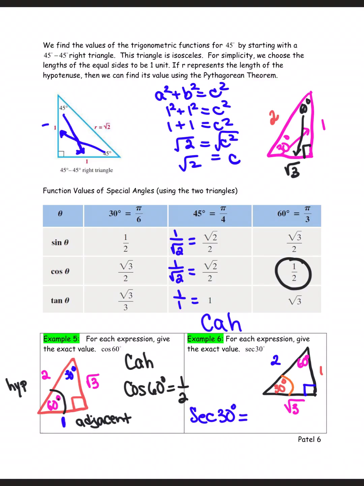And if I'm doing cosine of 30 degrees, it's going to be adjacent, which is square root of 3, over hypotenuse, which is 2. So therefore, secant of 30 degrees is going to be the reciprocal of that. So that's going to be 2 over square root of 3. And when we rationalize that by multiplying by square root of 3 over square root of 3, we get 2 square root of 3 over square root of 9, which is 3.